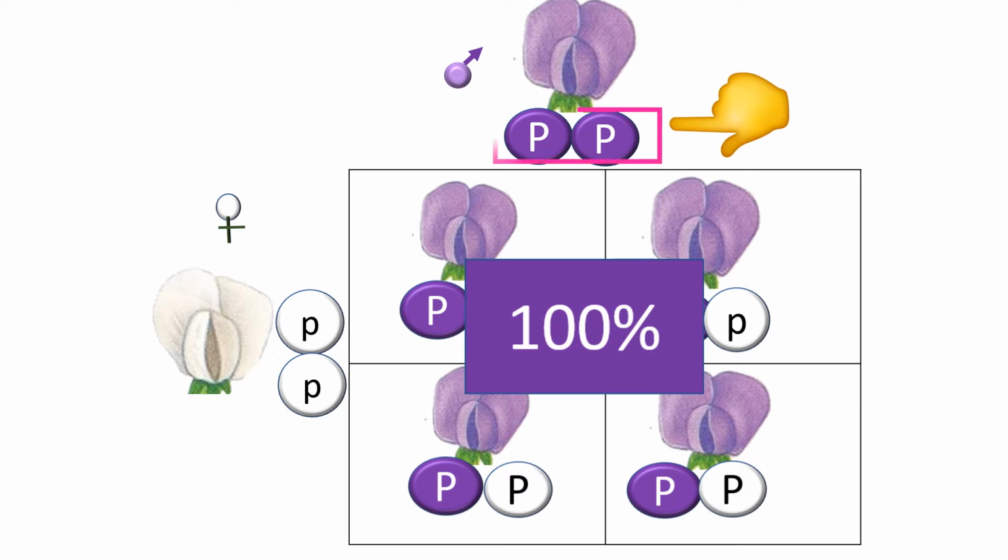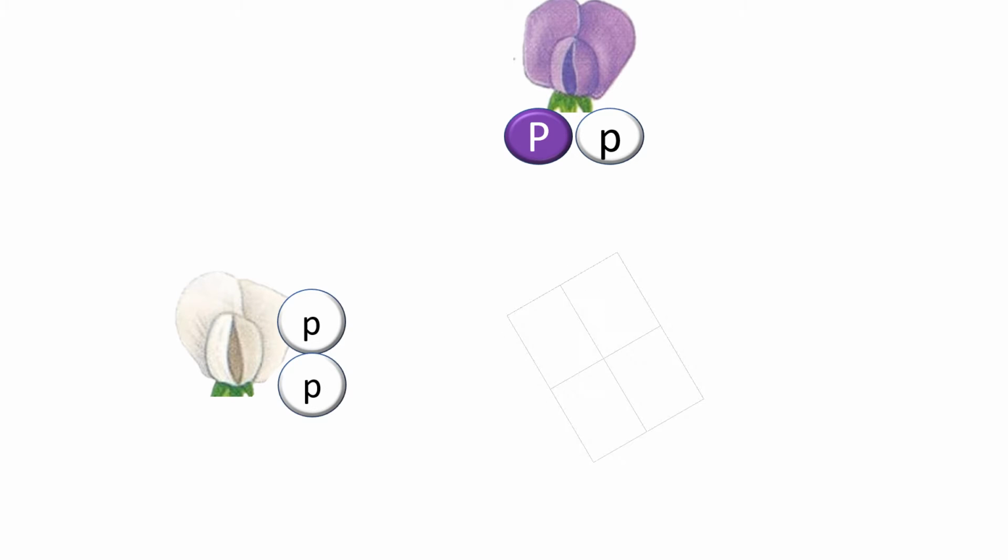Once he got only purple flowered plants in this cross, he understood that the genotype of the tested plant should be homozygous dominant. In another cross, he got purple flowered plants and white flowered plants with 1:1 ratio.